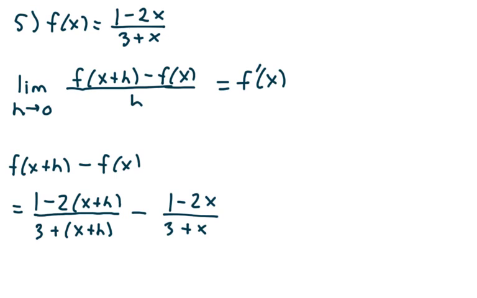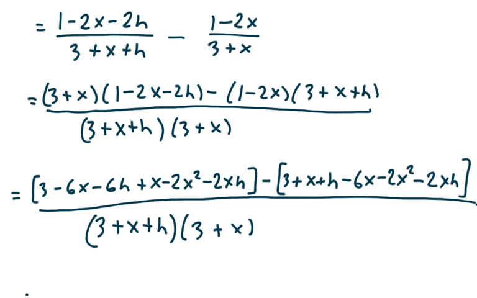And I'm going to look at f of x plus h minus f of x. So this is 1 minus 2 times the quantity x plus h divided by 3 plus x plus h minus 1 minus 2x over 3 plus x, just by substitution.